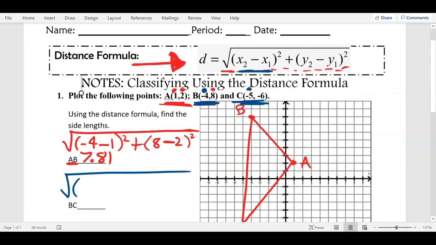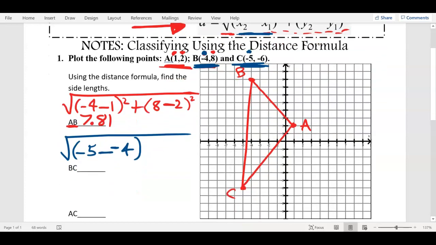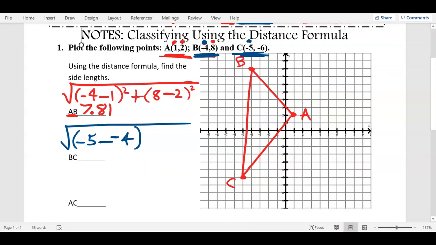So now this can be kind of tricky, so check it out. It's going to be -5 minus negative sign 4. Now I exaggerated the length of that, I guess it's a little too big. So again, it's -5 minus -4.